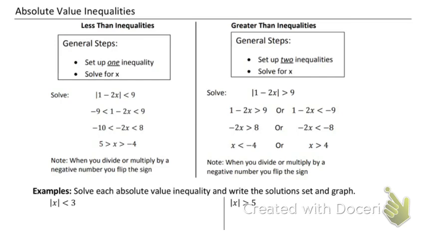Let's do the or statement first, and then we'll talk about this one. Whenever you have an absolute value is greater than a number, you're going to split it up into two equations. You're going to split it up into 1 minus 2x, something with positive 9, and 1 minus 2x, something with negative 9. And we're going to put an or between the two. Now, with 1 minus 2x, we're going to keep the exact same sign.